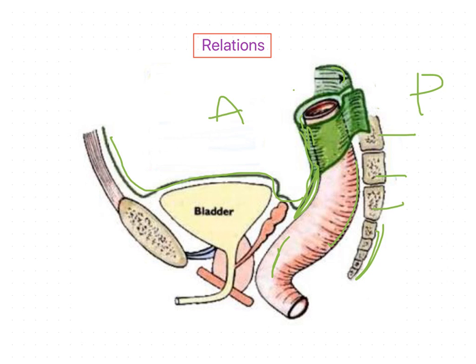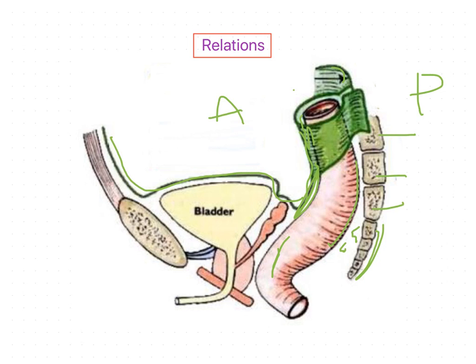Also some arteries like the median sacral artery ending in front of the coccyx are related to the rectum, and also some sympathetic chains which end at the coccyx level.